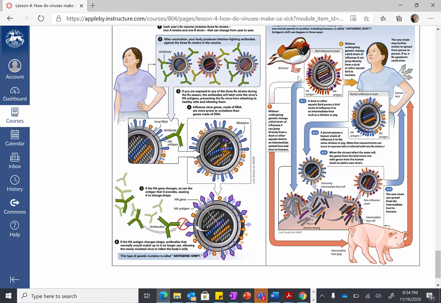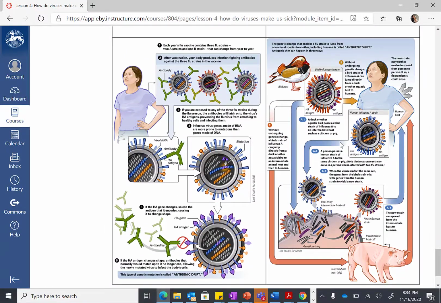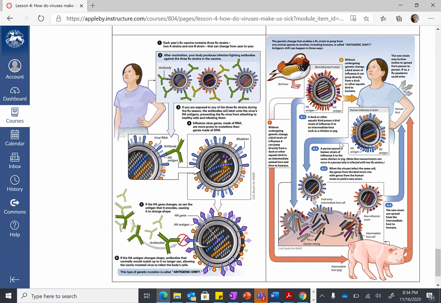So this happens much more commonly, where a host like this pig can become infected with more than one strain of the flu. And inside the cells, the genetic material can mix, and that can result in a new strain of the flu virus.